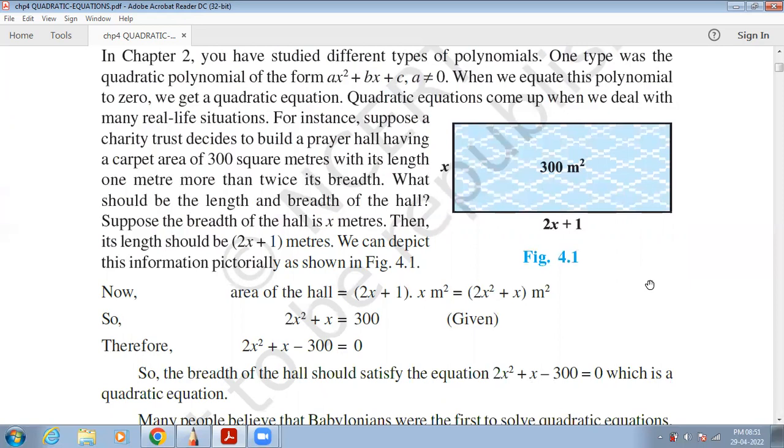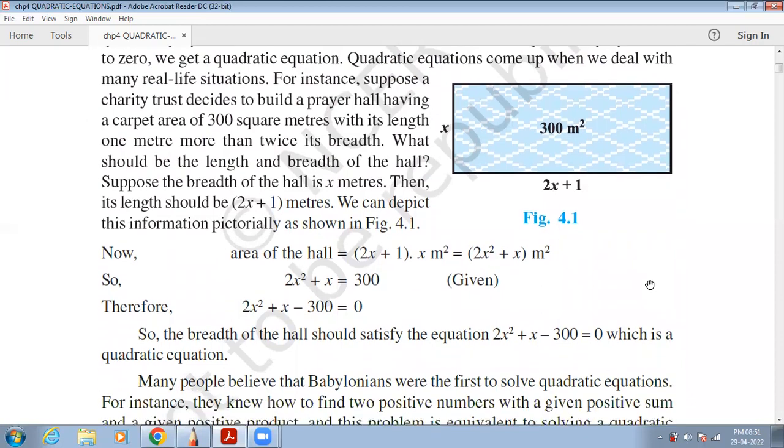The quadratic equation comes up when we deal with many real life situations. For instance, suppose a charity trust decides to build a prayer hall having a carpet area of 300 square meters. What should be the length and breadth of the hall?